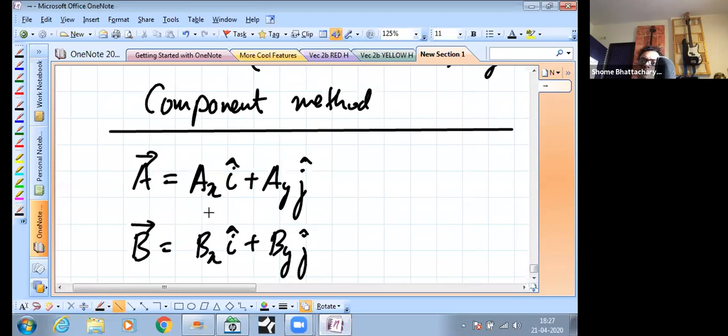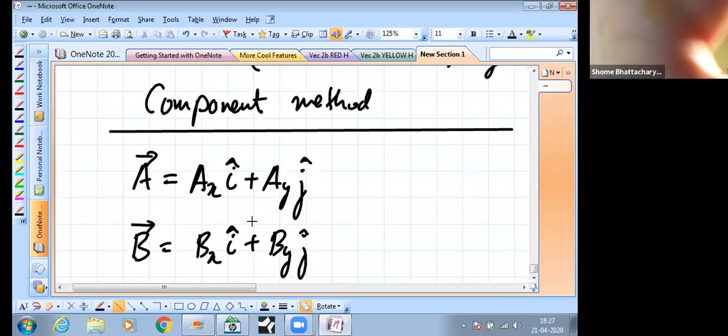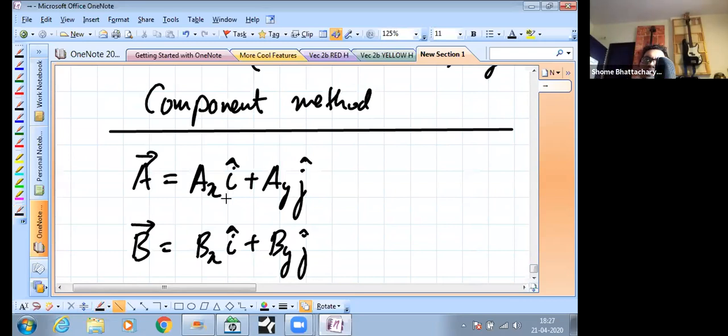So right hand sides also get added. What we mean by adding the right hand sides is that you take i cap common and you have ax plus bx, and you take j cap common and you take ay plus by. Okay, so it becomes like this.